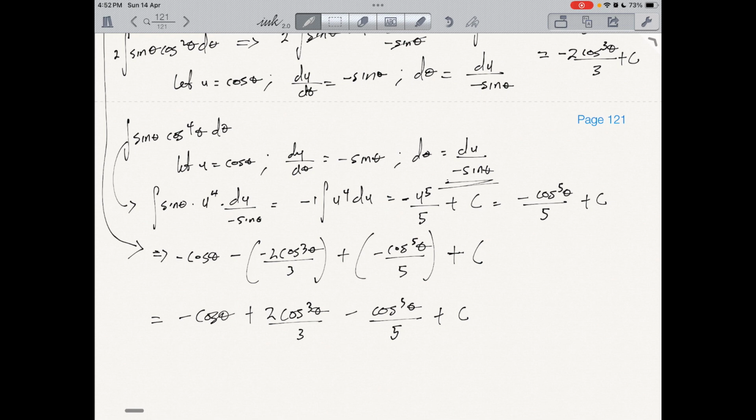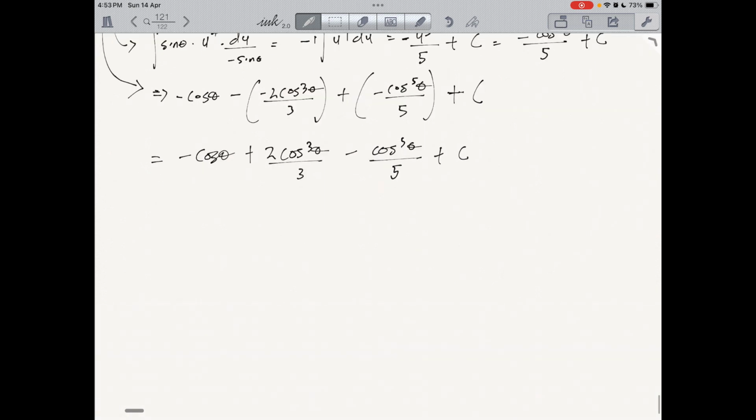Now, we can come to a conclusion on how to integrate powers of sine. Let's come to that conclusion first.